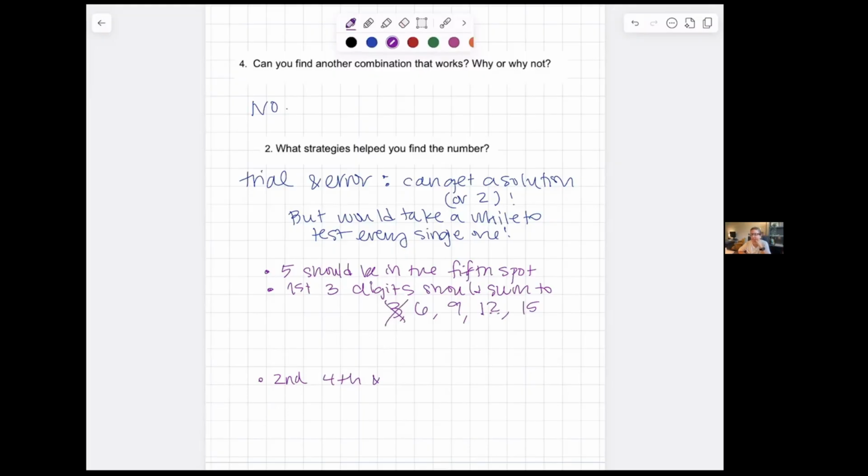Is there a way? That's a good question. Could they sum to 9? 6 and 2 and 1 would sum to 9. That seems possible.